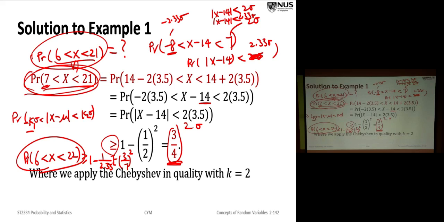So what happens if it's not symmetric about the mean? Then what to do? You have to understand the argument. We are working on the lower bound, or the other one is the upper bound, for x outside the range. Here we work with x within the range: how many standard deviations within the mean? So it's the lower bound. From that, you have to decide how you adjust.